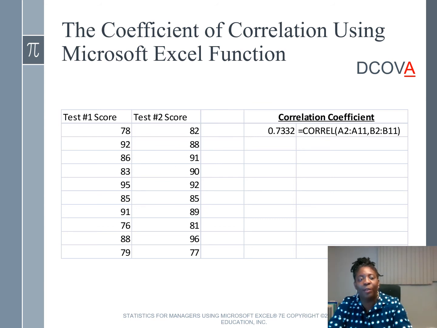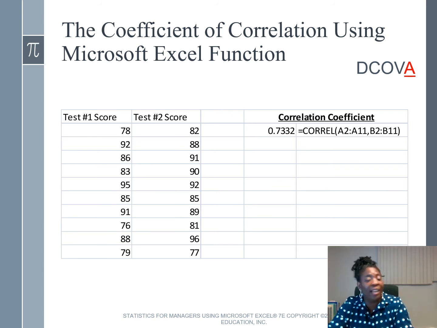So the correlation between test score 1 and test score 2 is 0.73, positive. What this tells you, if this was a score in my class, we'll call it a score for test 1 and test 2, is that students that scored high on test 1 also score high on test 2.